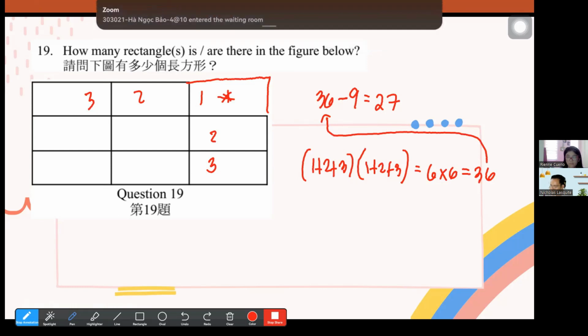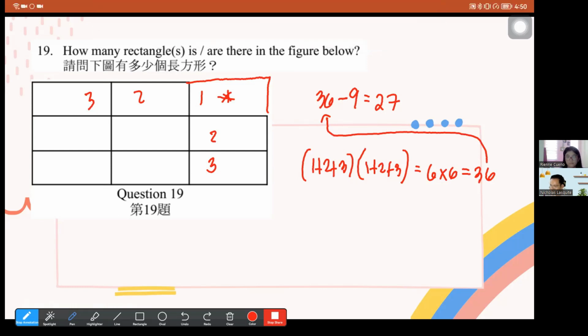The reason is that the question asks how many rectangles include the asterisk. So this is just 1, 2, 3. So 3 times 3 is 9, right? So you have 36 minus 9, which is 27. So this is our final answer.